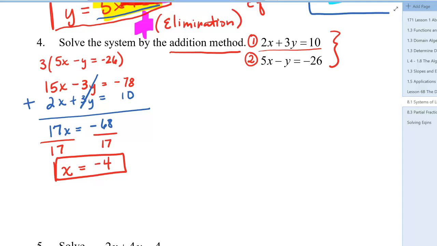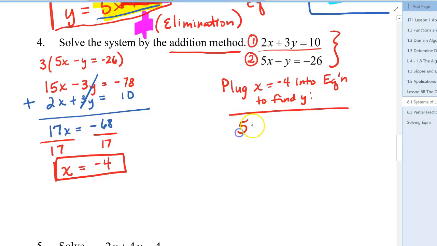And to find y, we can plug this value into either equation 1 or equation 2, and we will get the same answer. I'm going to choose equation 2 because the coefficient of y is negative 1. So I'm going to plug x equals negative 4 into equation 2 to find y.